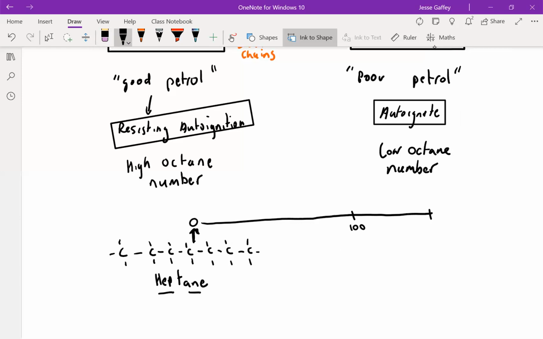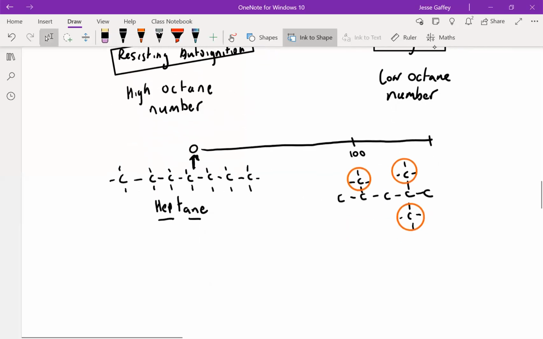We've got 5 carbons in a chain, so it's a shorter chain than heptane, and we've got 3 carbon or methyl branches. So this substance has a methyl here, here, and here. The rest then are all hydrogens.